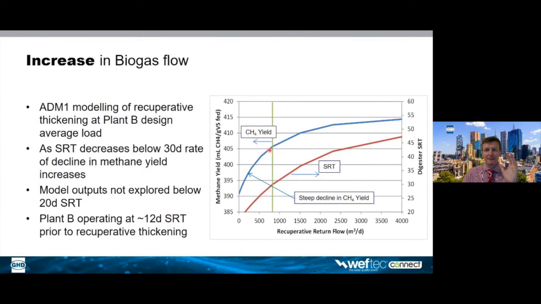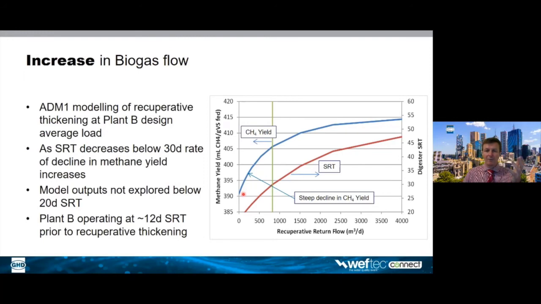In relation to that increase in flow, one thing we did go back and look at was the modelling that was undertaken during the design. This is ADM1 modelling again of the recuperative thickening process during design. And what can be observed here is that as the sludge age drops below the design point of 30 days, there's a relatively steep decline in the methane yield.